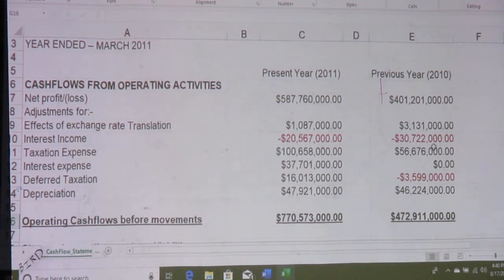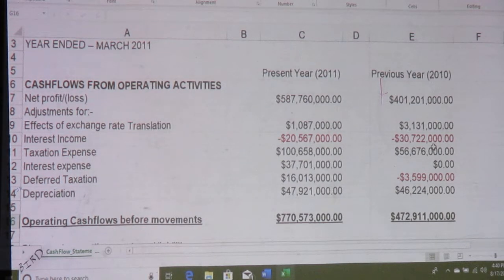You just want to see from the top line activities that the company's cash flow is going in the positive direction. That's ideally what you're looking for when you're looking at a company's statement of cash flows. You also want to look at where that cash is coming from and where it is being spent.